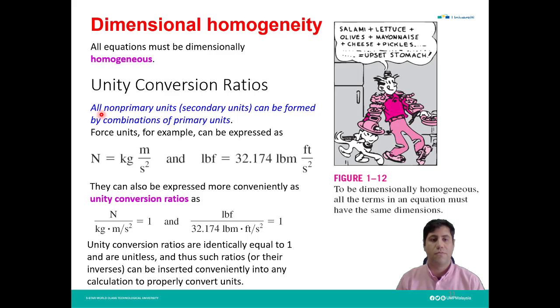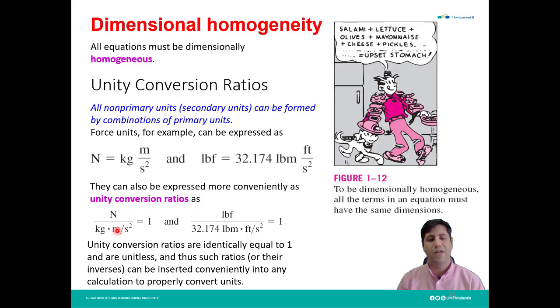So as you know, all non-primary units, which we call secondary units, can be formed by combination of primary units, as you can see here. But the other method which we can use is to express them conveniently by unity conversion ratio. What is unity conversion ratio?